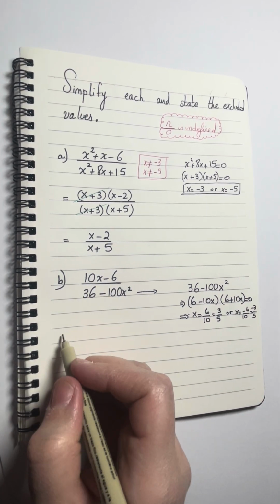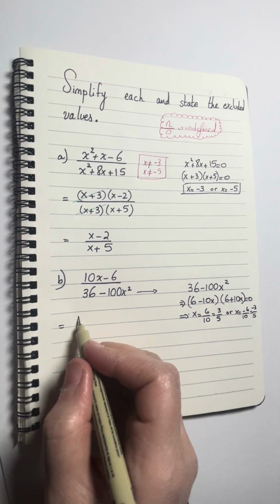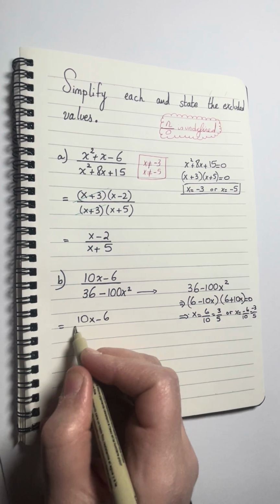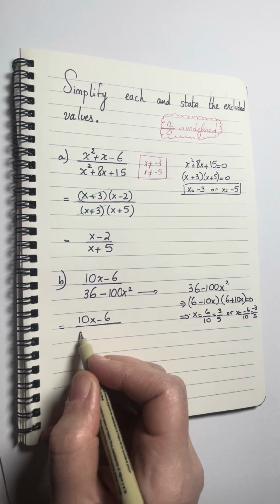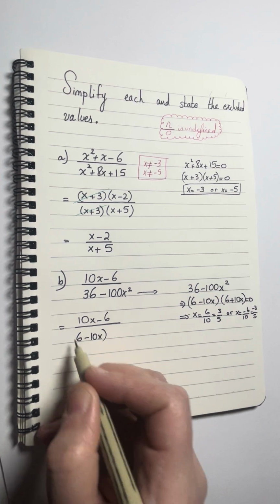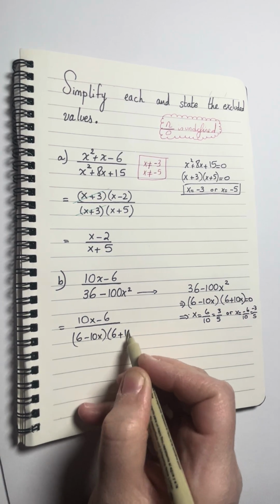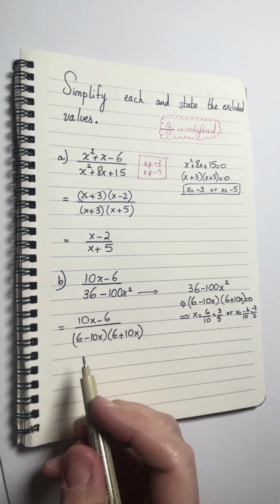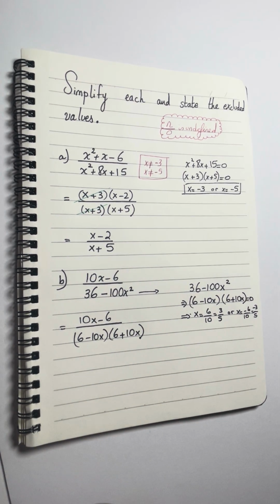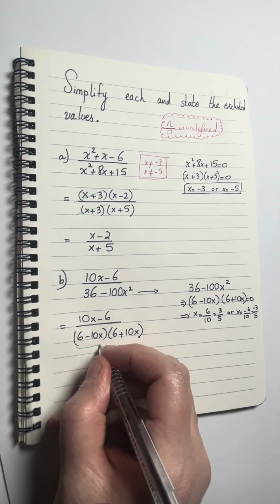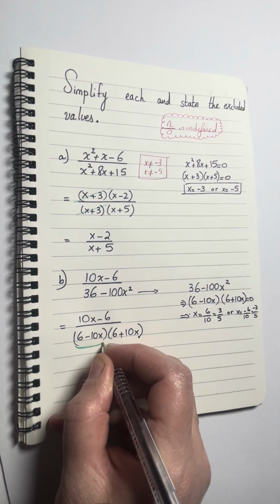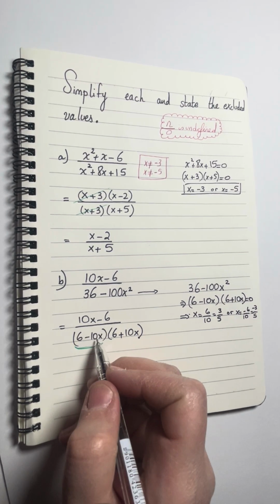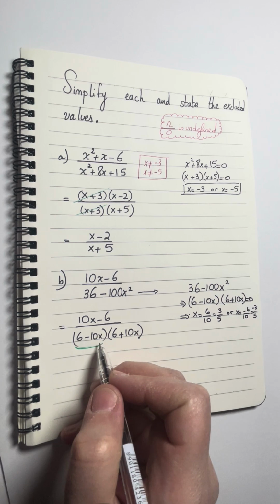Now, coming back to this equation, this is equal to (10x minus 6) over (6 minus 10x)(6 plus 10x). If I look now at this term, what I will notice is that this term is the same as the term up, but the terms are flipped.